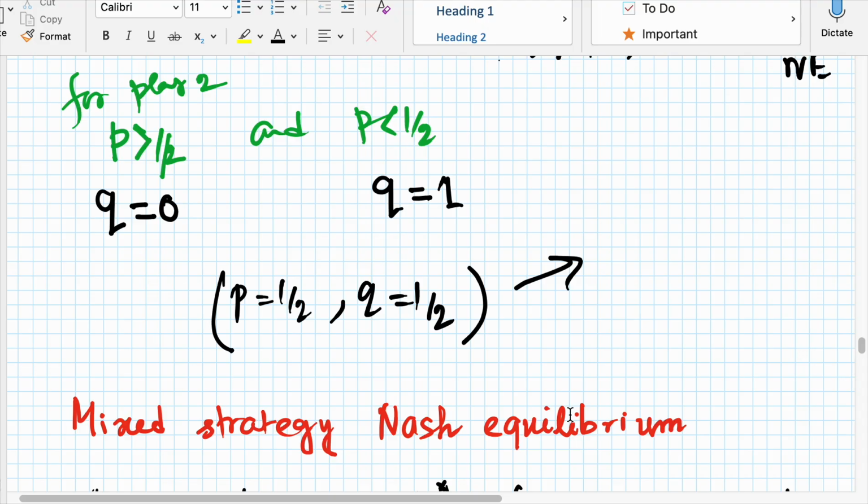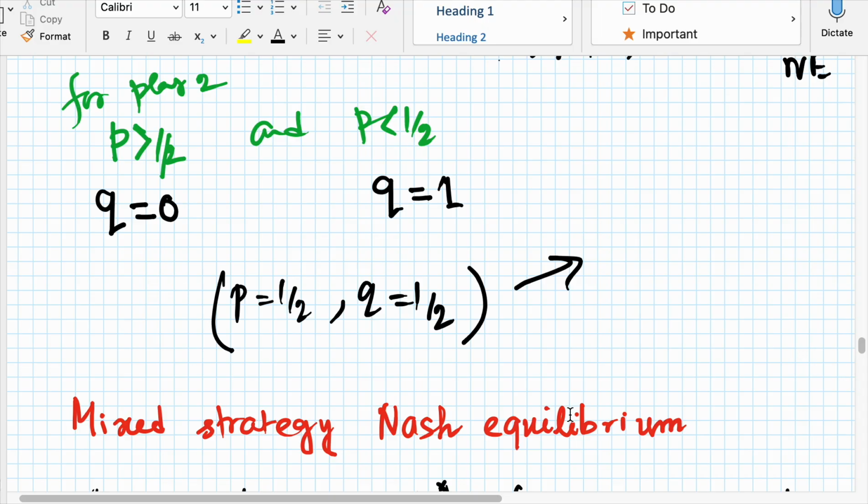And we have seen the best response function, and how one can find the Nash equilibrium by using it. The best response means finding the set of strategies where, if you know all the opponents' strategies, those strategies will maximize your utility or payoff. So any Nash equilibrium, mixed or otherwise, is nothing but the best response to each other's strategies.